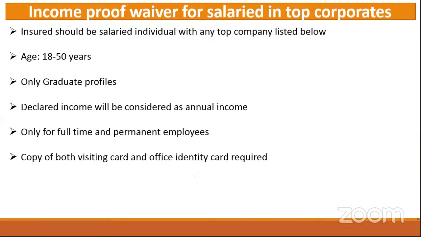These are based on some very good profiles. If the person is salaried and working in BSE top 500 companies, some criteria are there. But again, that is person to person. On an average, we can ask for income documents.